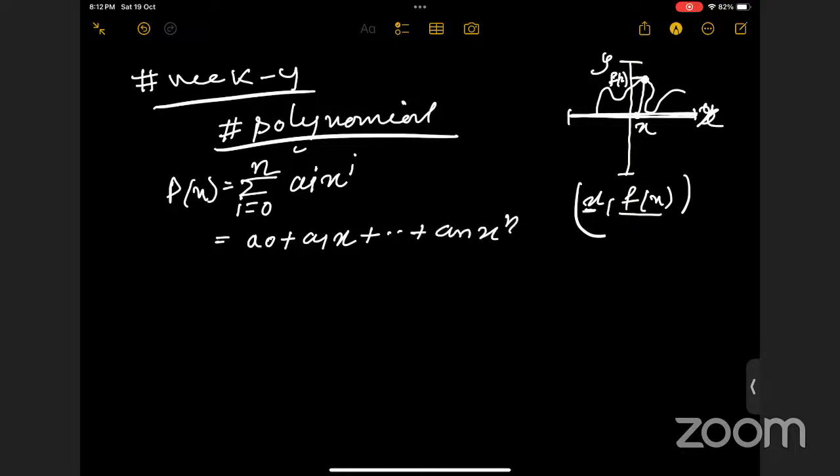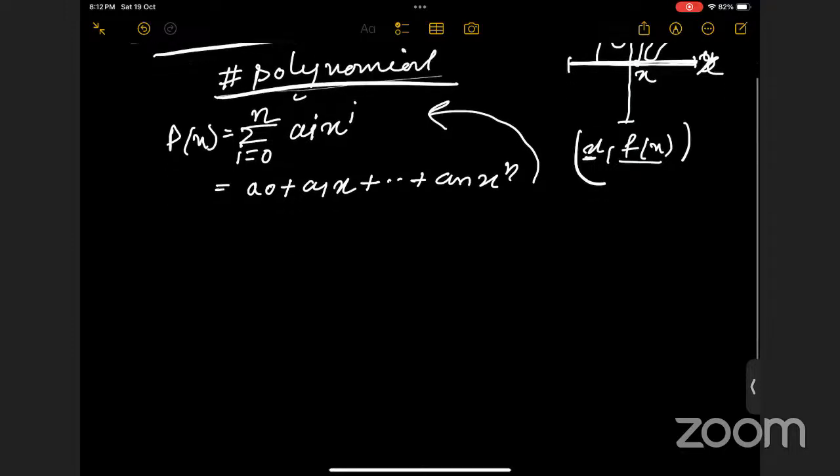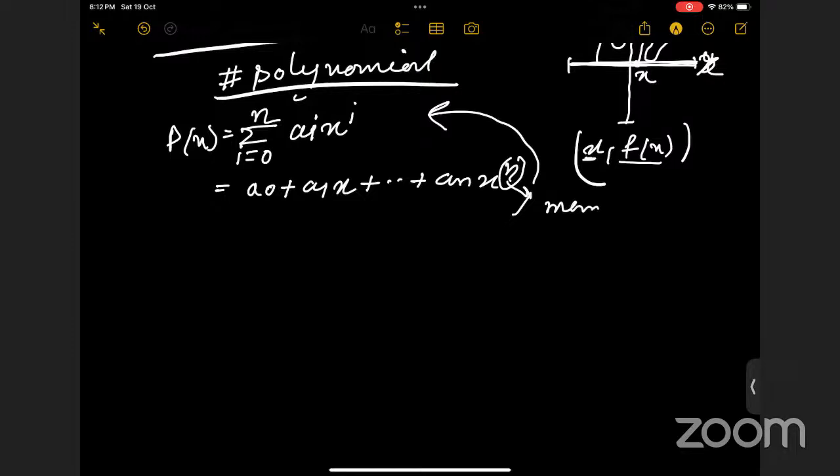This can also be written as a summation from i equals 0 to n in general form. Because we are talking about a polynomial, we know that the exponent should be a member of the natural numbers, where our set of natural numbers is from 0 to infinity.